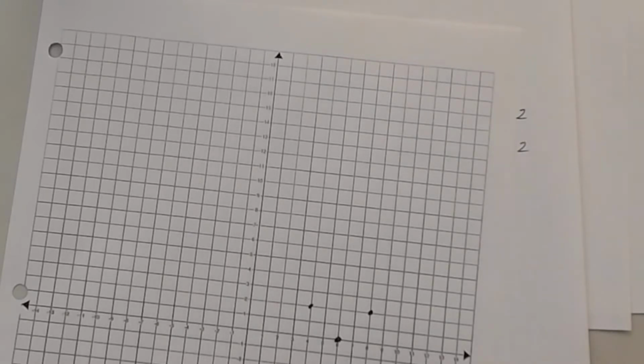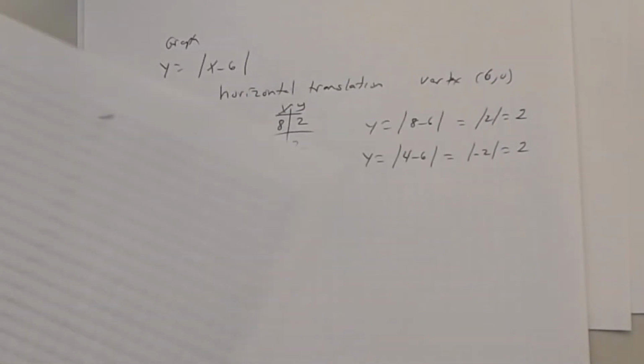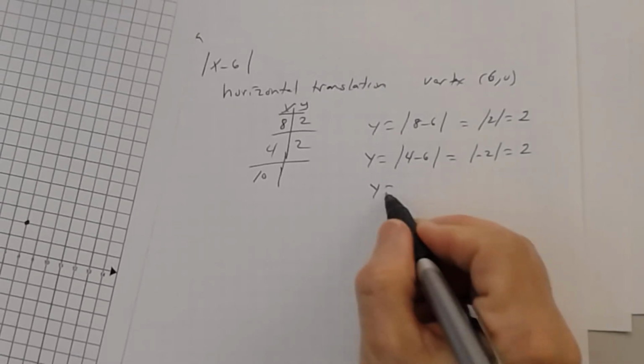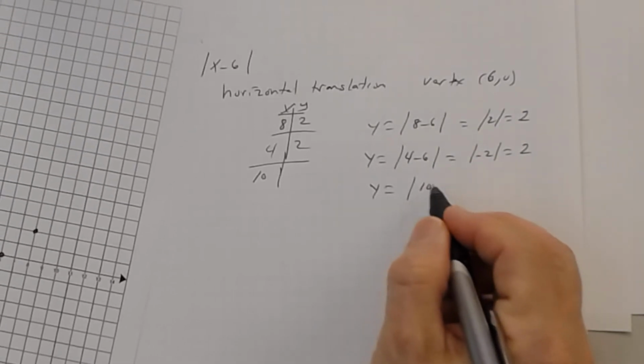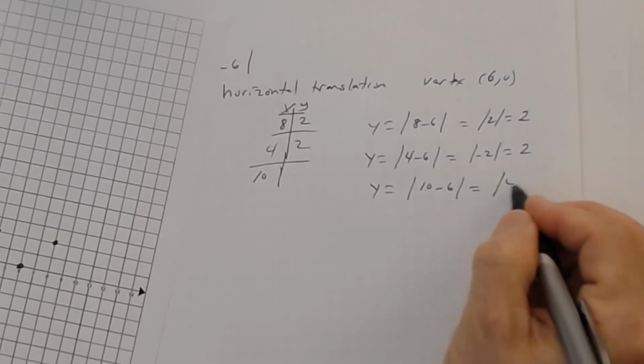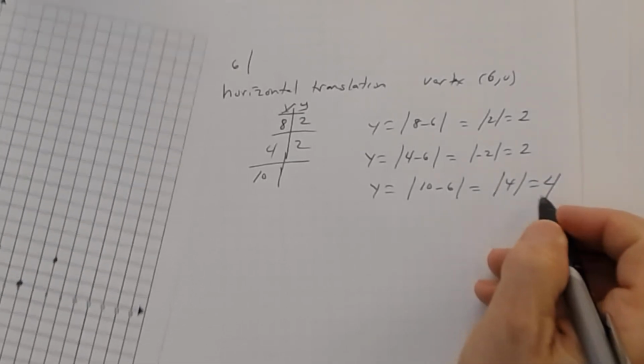Okay, one more value to the right of the vertex. 10. All right, if x is 10, I get y equals the absolute value of 10 minus 6. What's 10 minus 6? And what's the absolute value of 4? 4.